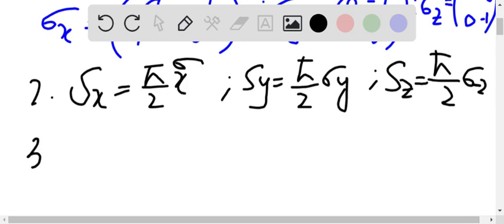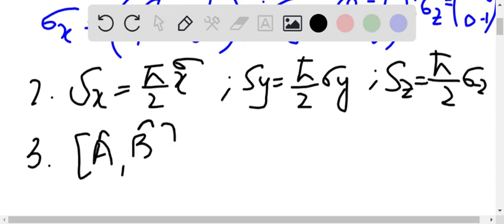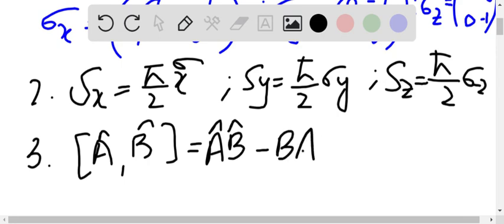The last thing that we must remember before solving this question is that the commutator of operators A and B is equal to AB minus BA.